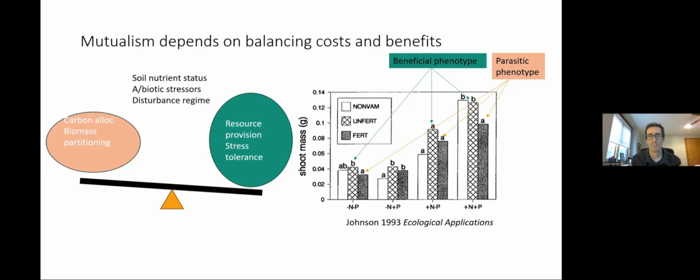So AMF from the fertilized background contributed less to plant growth under a range of nutrient statuses, and could even negatively impact plant growth. Whereas AMF from the unfertilized, at least it didn't negatively impact plant growth, and in certain situations, positively impacted it compared to the non-inoculated controls.